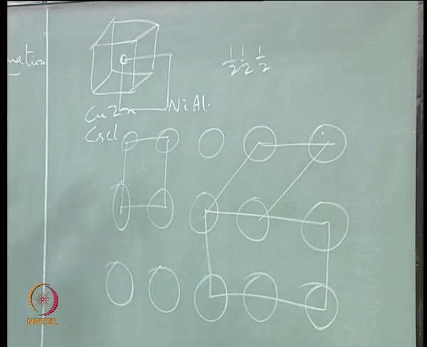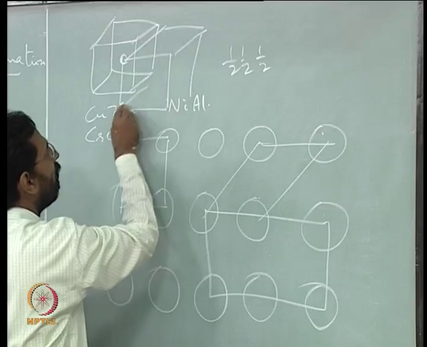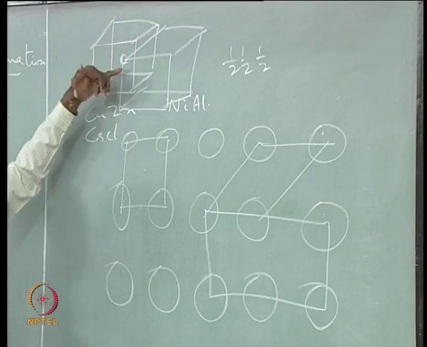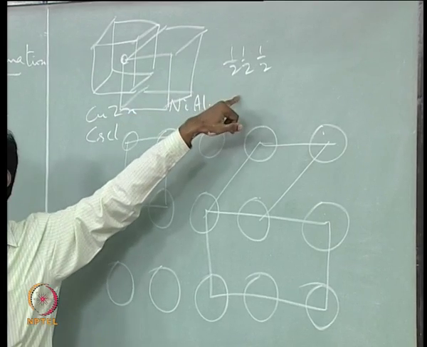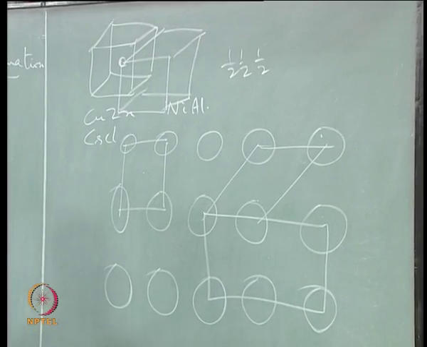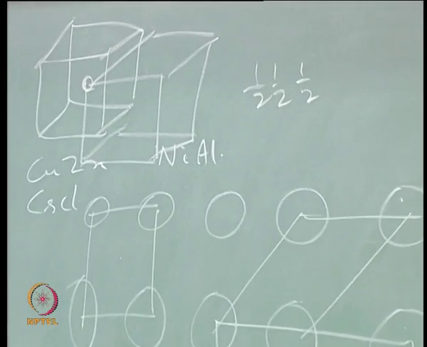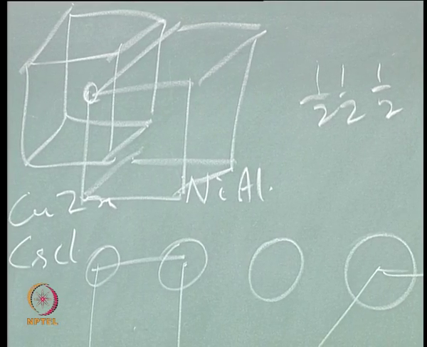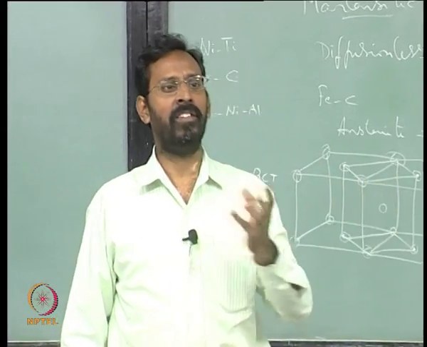The zinc unit cell is shifted with respect to the copper unit cell by a half, half, half distance. So these are two unit cells, one copper and one zinc, both simple cubic, and put together this is what we call a superlattice. These are the two sublattices, the copper sublattice and the zinc sublattice.